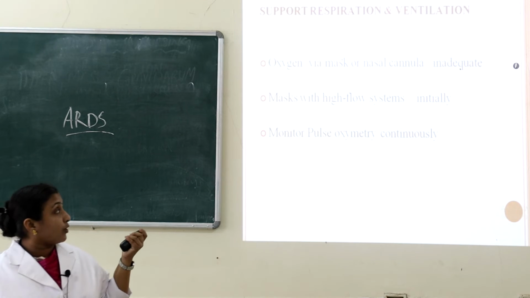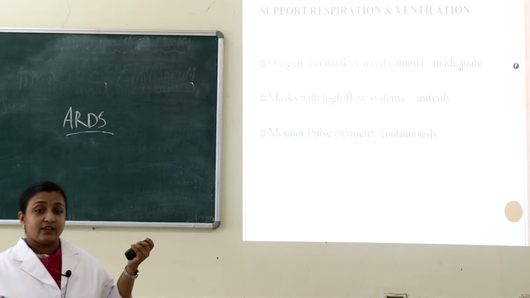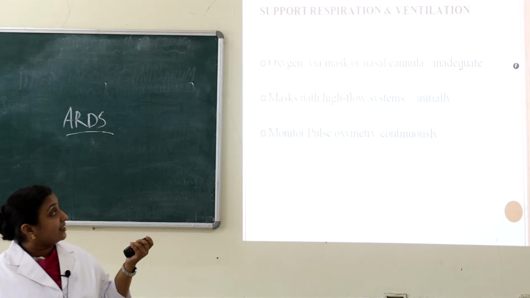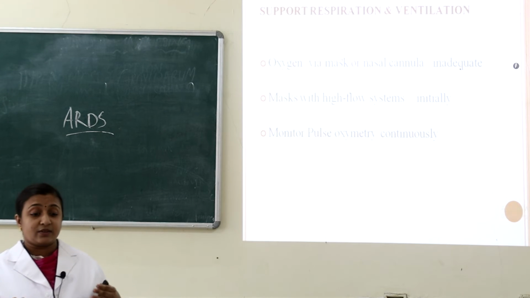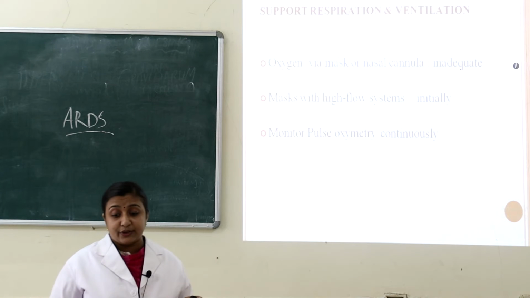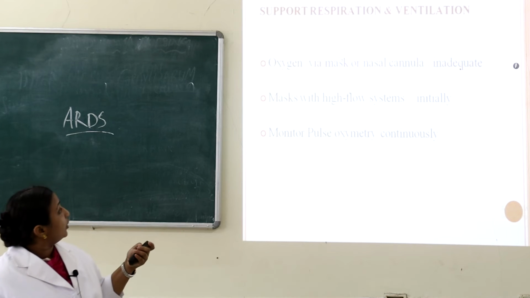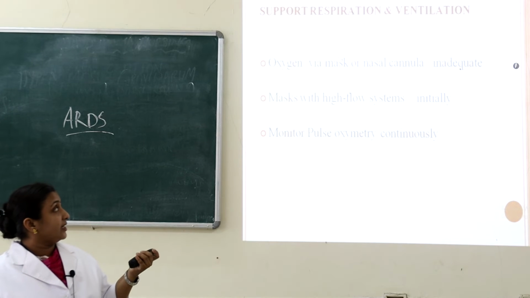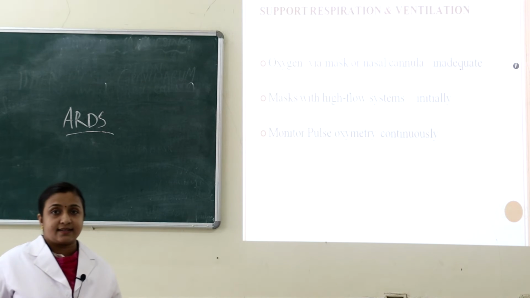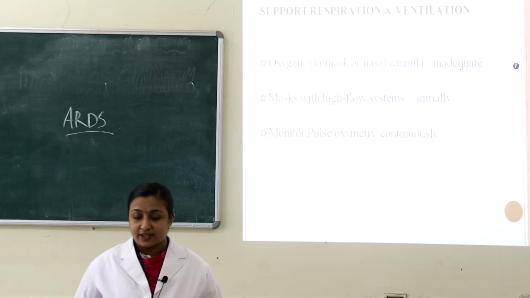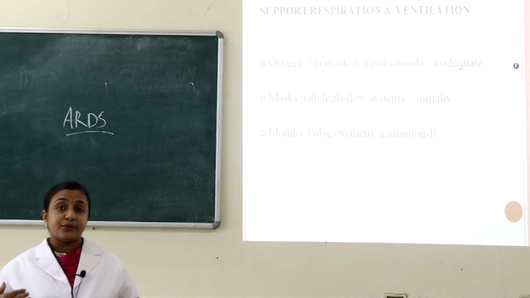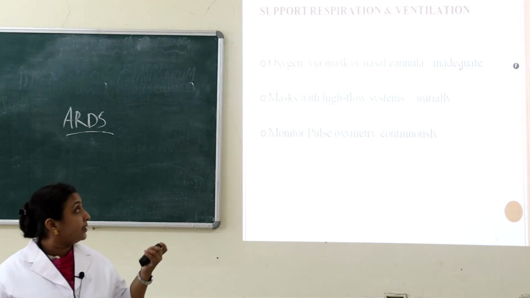That is by using oxygen therapy with a mask or cannula, which is inadequate. Because the mask or cannula is inadequate, we can use the mask with high flow systems initially. Initially we can give the mask with a high flow of oxygen. Then we continuously assess the oxygen status of the patient.